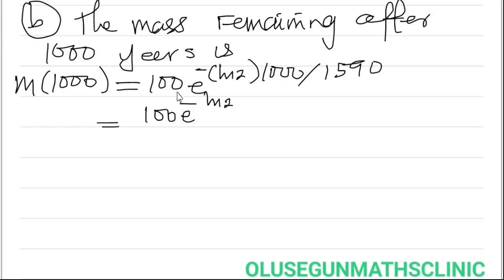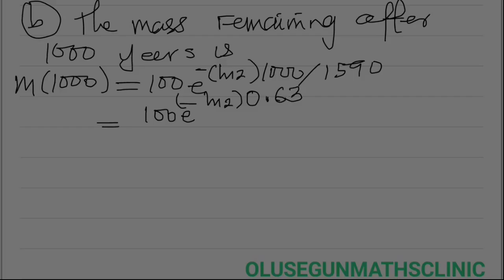You put the bracket. So, let's divide 100 and 100 divided by, let me do it. So, after you divide this will give you 0.63.